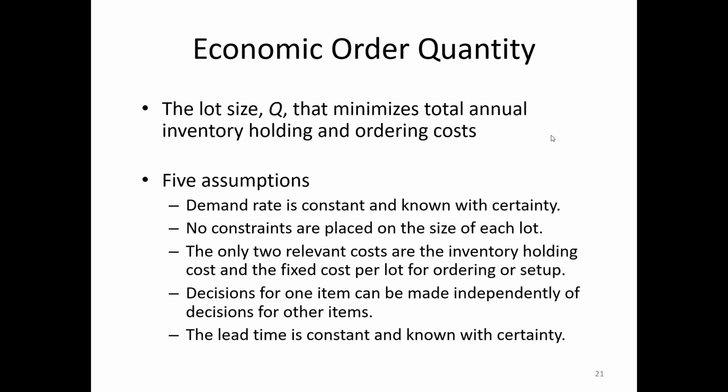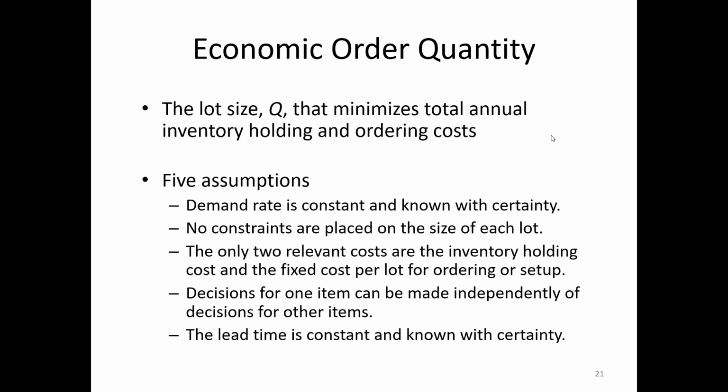Stress the word annual, okay? Because sometimes the data you get is not in annual amounts. It could be monthly amounts. It could be weekly amounts. It's whatever is easily available. So we need to keep track of our time units quite carefully here.